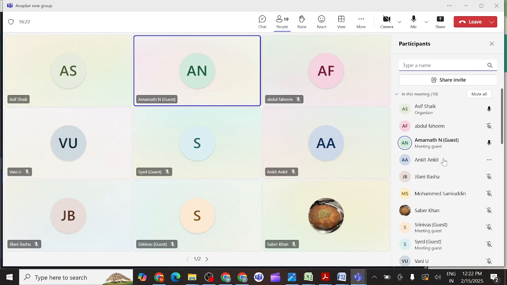While preparing the cash flow statement, we have three major components: cash flows from operating activities, cash flows from investing activities, and cash flows from financing activities.